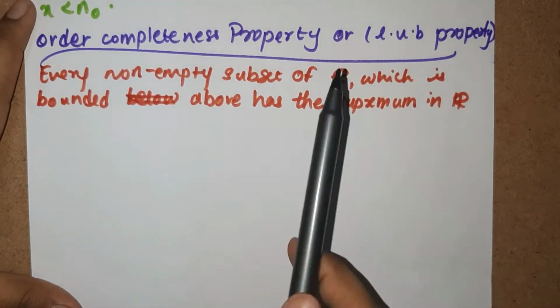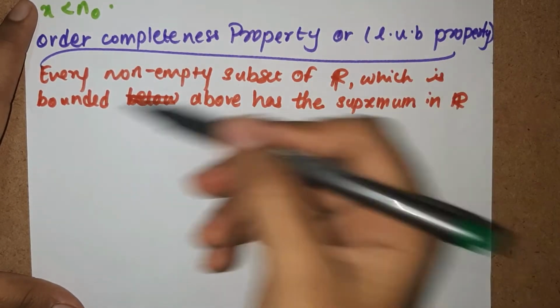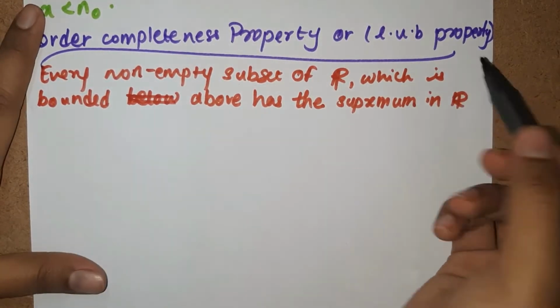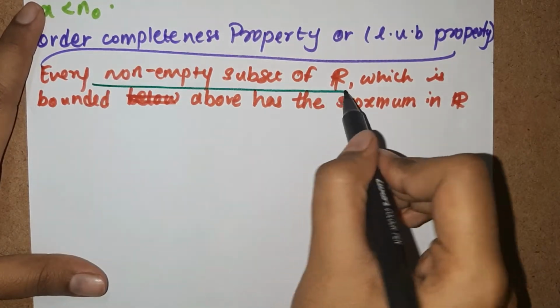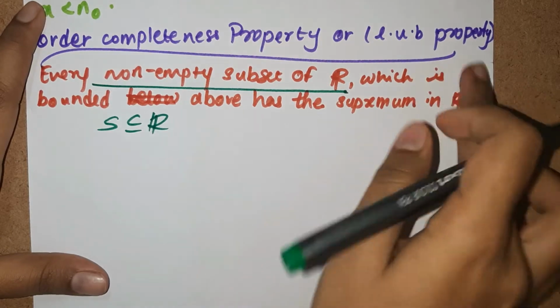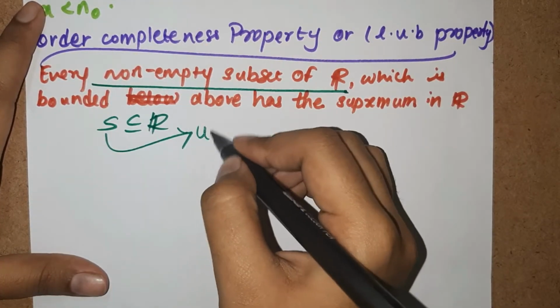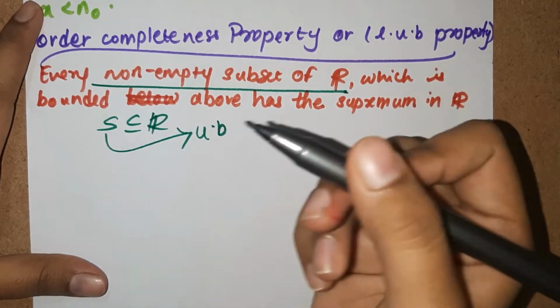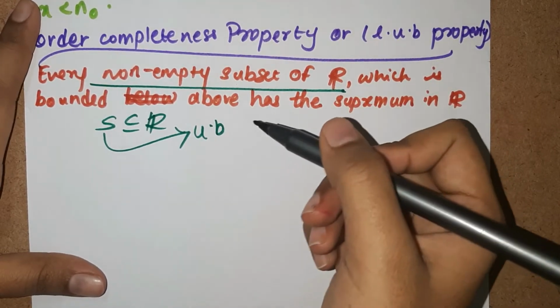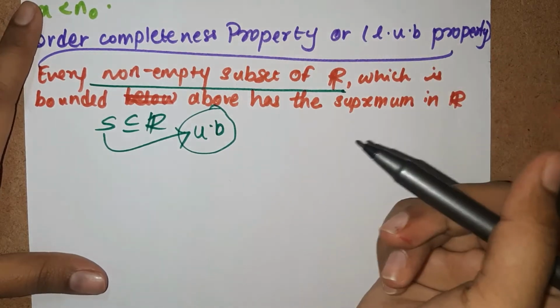Its statement is: every non-empty subset of R which is bounded above has the supremum in R. So there is a non-empty subset of R, let us say S, which is bounded above, which means set S has an upper bound. If you want the detail of what an upper bound is, check my previous videos.